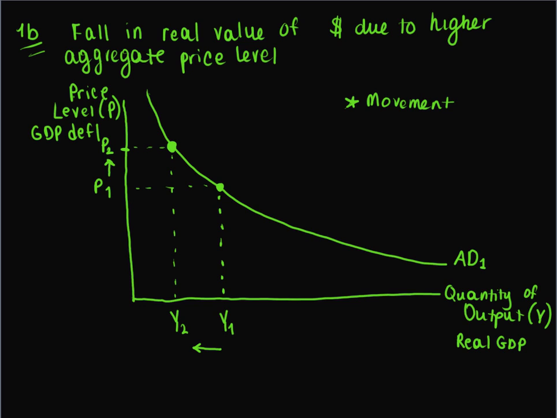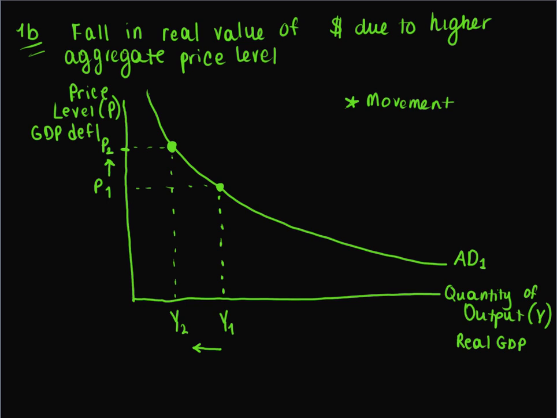So in that case, people are incentivized then to hold on to their dollars. They're going to save instead of spend. And this is intuitive. If you consider that your dollar used to be able to buy you a pack of gum, and then you turn around and your dollar now cannot even buy you what used to be a 25-cent piece of candy, then you're less likely to want to spend that dollar.